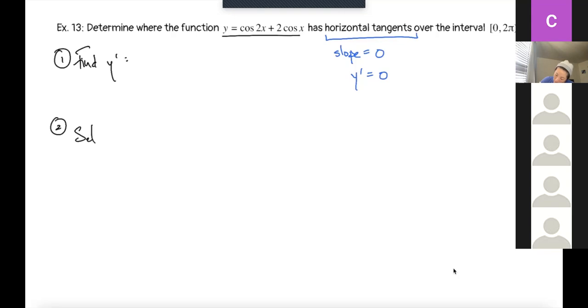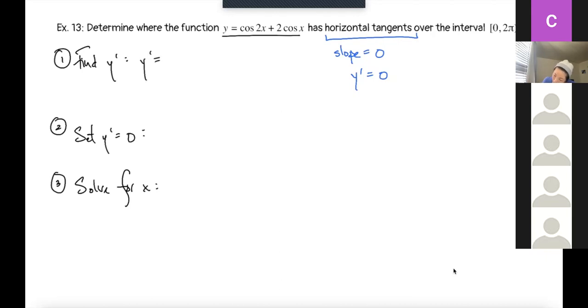We're going to set y prime equal to 0 because we're looking for a horizontal tangent. Excellent. And then once we do that, we're going to solve for x. Those 3 steps have been consistent ever since we learned about horizontal tangents. Now we're just throwing in new rules about how we find them, okay? So let's find our y prime.